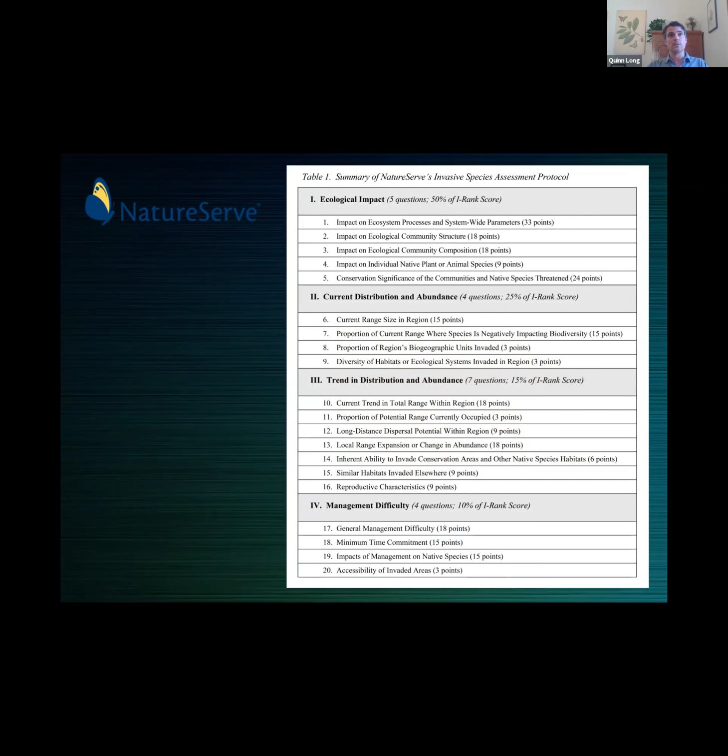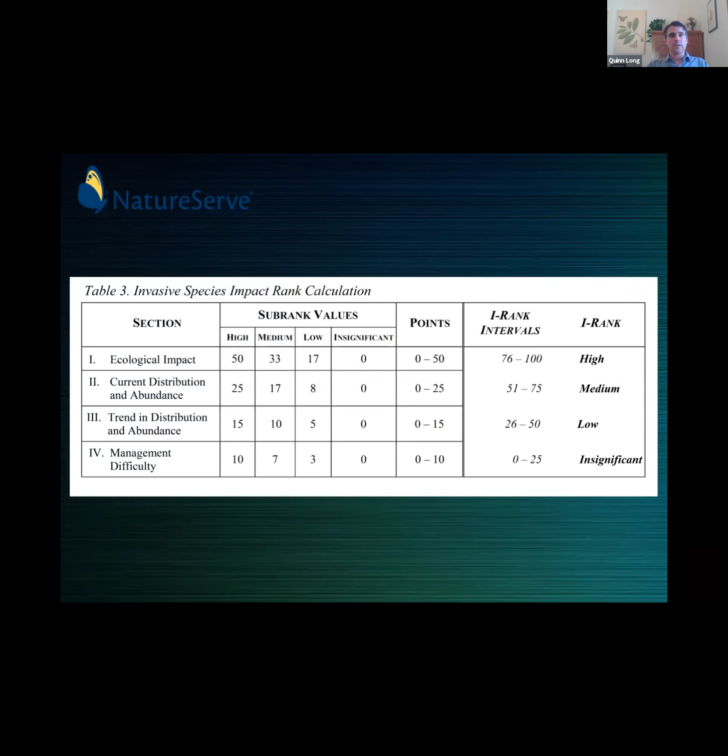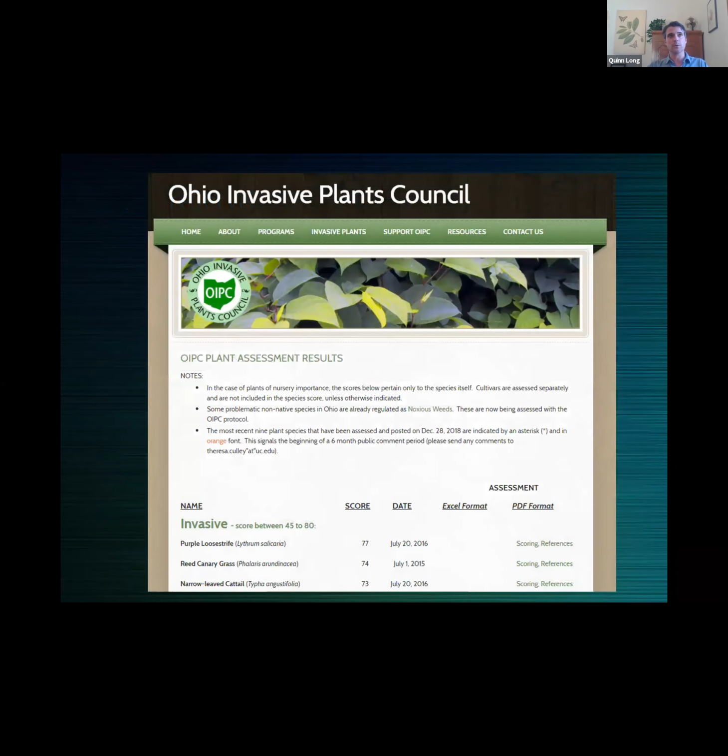They, as we did, looked at ecological impact, the current distribution and abundance, and the trends of what's happening with that distribution and abundance moving forward. They then used these rankings to come up with a very numerical I-rank. We opted, as you'll see, for a bit more of a visual representation using maps that we thought were more easily distributed, disseminated with the broader public.